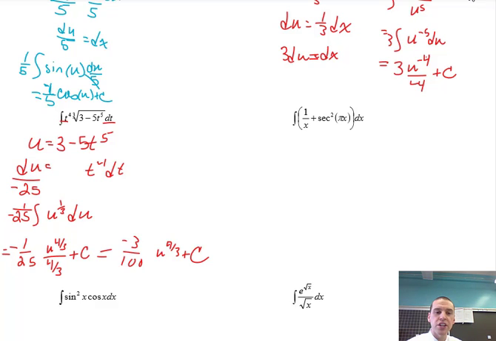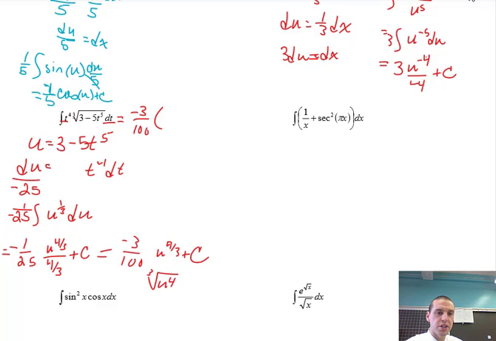And know that we can rewrite u to the 4/3 as the cubed root of u to the 4th. Just know that we can do that. So when we go and write our final answer here, we get -3 over 100 u to the 4/3.